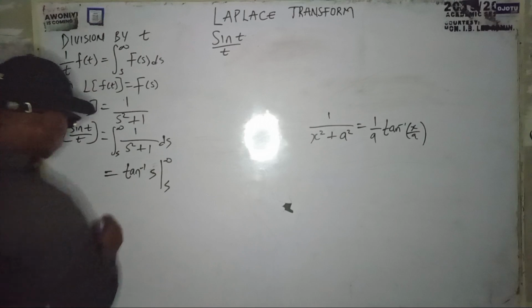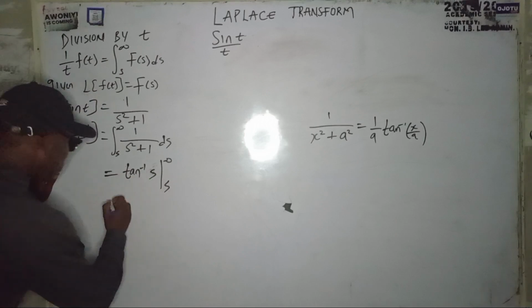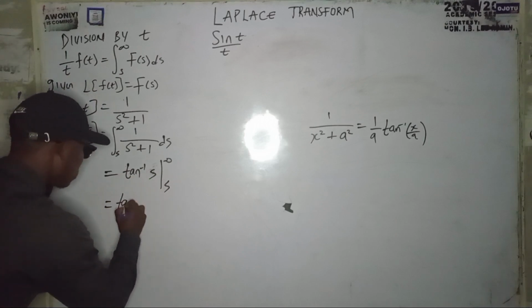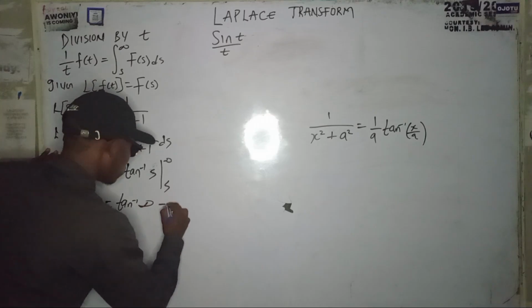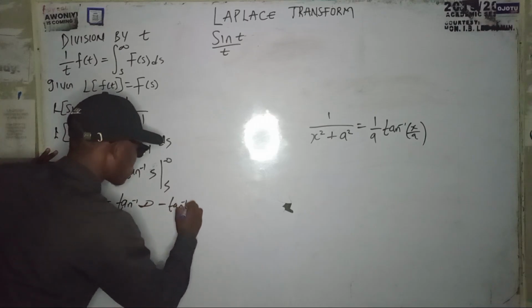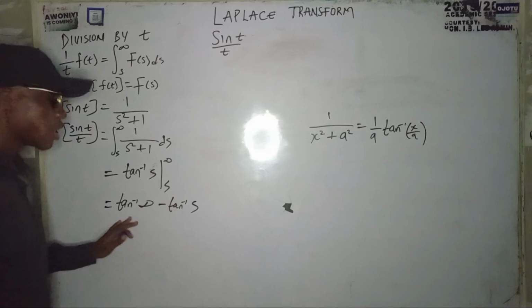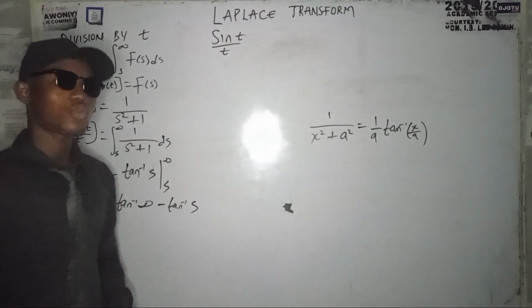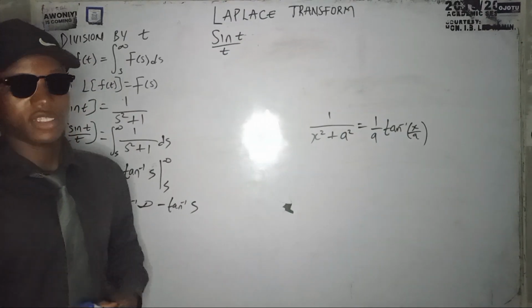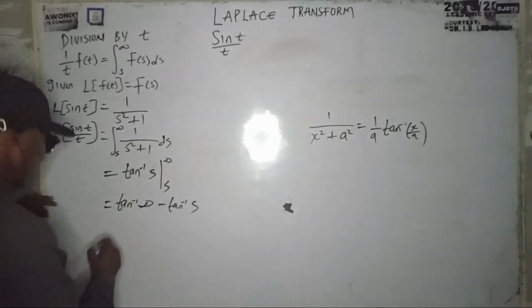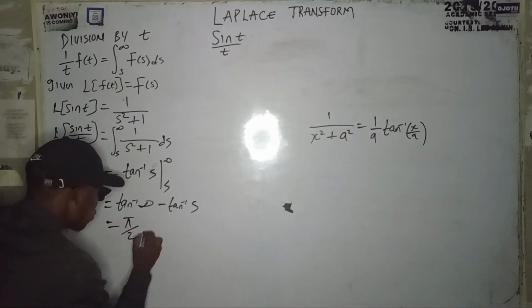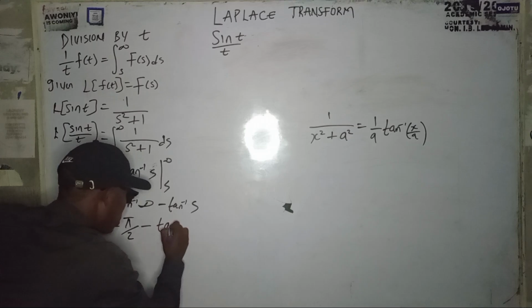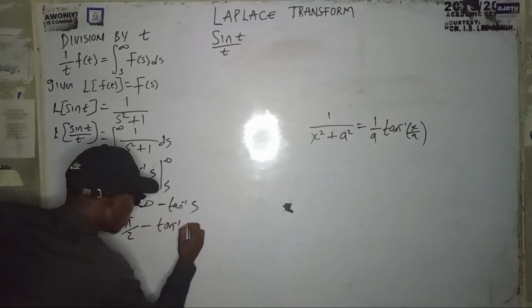If we input our values, we are going to have arctan of infinity minus arctan of s, and arctan of infinity is equal to pi over 2, that is 90 degrees. So this is equal to pi over 2 minus arctan of s.